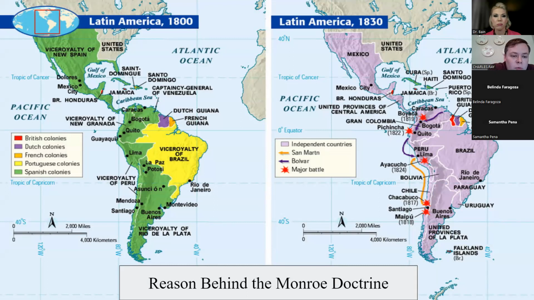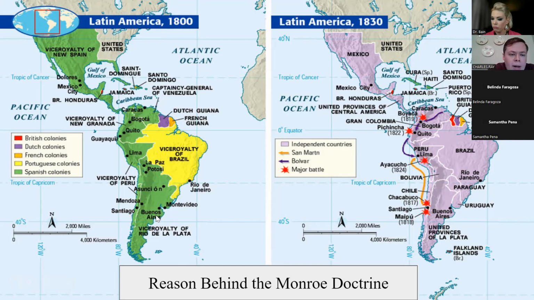This is during the Napoleonic Wars. What's going on is Spain is fighting for its life against Napoleon, backed up by the British. So a lot of their colonies over here on the left, you can see the green ones right here, all the way from the Viceroyalty of New Spain down to the Viceroyalty of Rio de la Plata, used to belong to Spain.